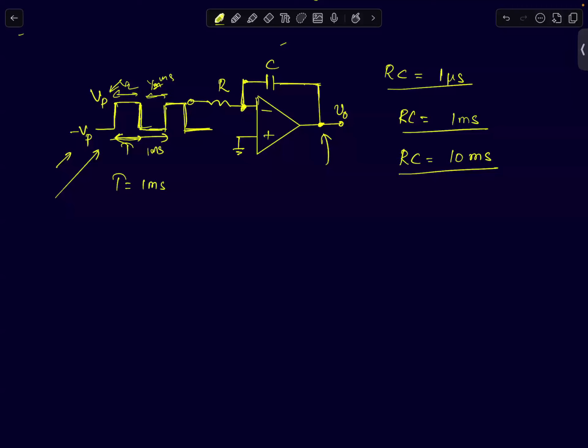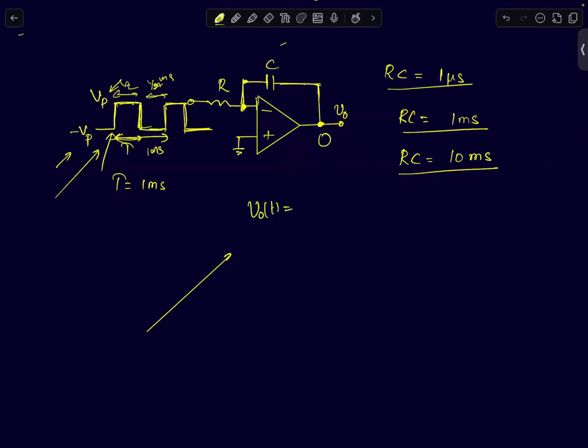So assume that initially the capacitor voltages are all 0, so your output voltage is going to start at 0. In the first cycle you get minus Vp, and then immediately it goes to plus Vp and stays on for half a millisecond. During that duration, what will be the slope with which the signal will rise? What will be the output voltage?